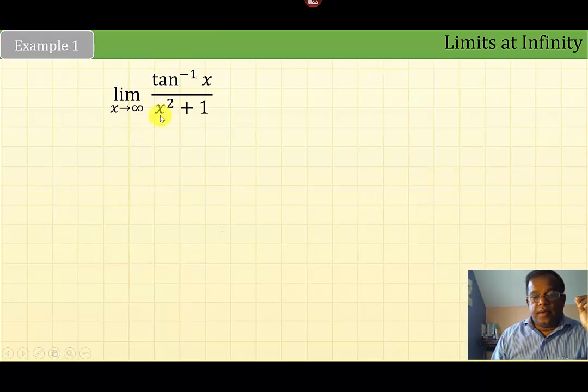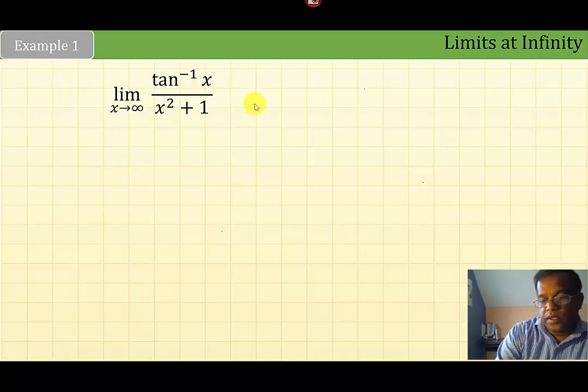Now in this example, let's try to find the limit as x approaches infinity of tan inverse x over x squared plus 1. Using the limit rule, this is the limit of the numerator, the limit as x approaches infinity of tan inverse x, over the limit as x approaches infinity of x squared plus 1.